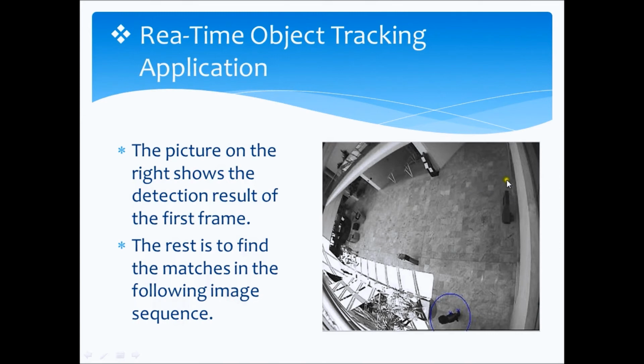This picture shows the detection result in the first frame. The blue ellipse represents the region of feature points. After the detection of the target in the first frame, the rest of the work is to find the matches in the following image sequence. Let me show you the performances.